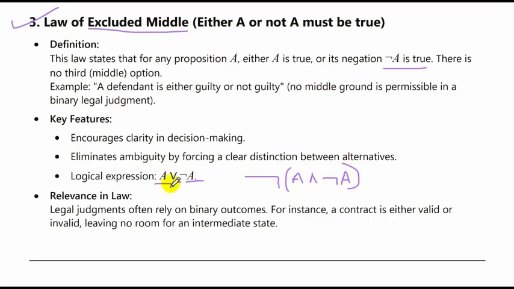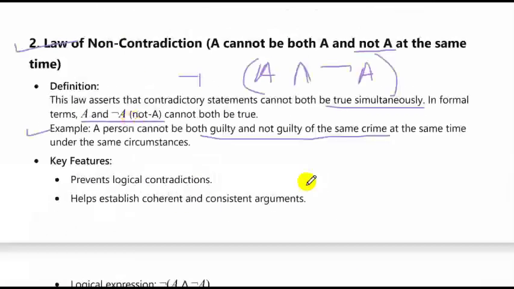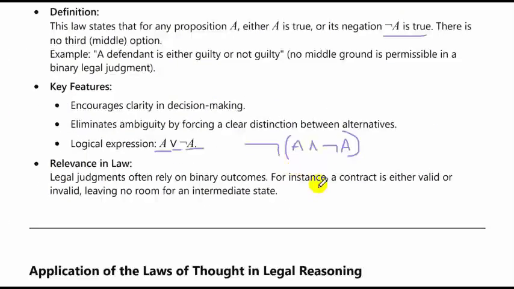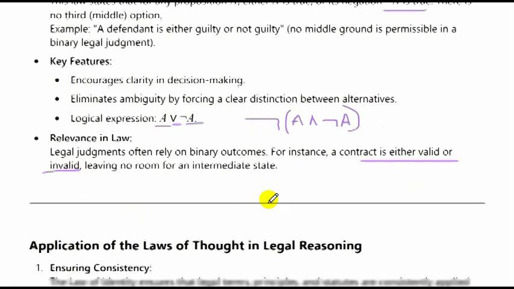In the law of excluded middle, one of them has to be true. In the non-contradiction law, what we stated is that both cannot be true, and here we are saying one has to be true. Relevance in law: legal judgments often rely on binary outcomes. For instance, a contract is either valid or invalid, leaving no room for an intermediate state.